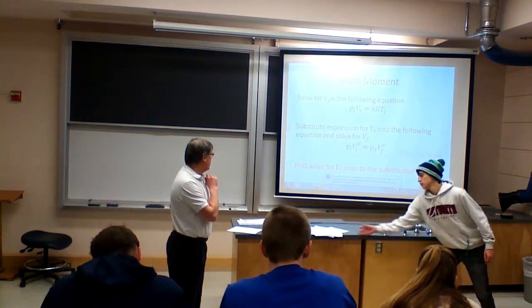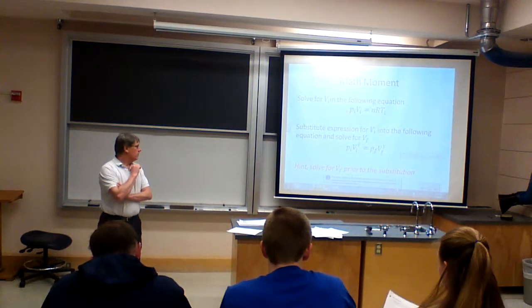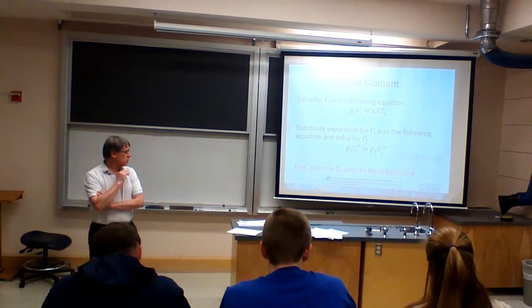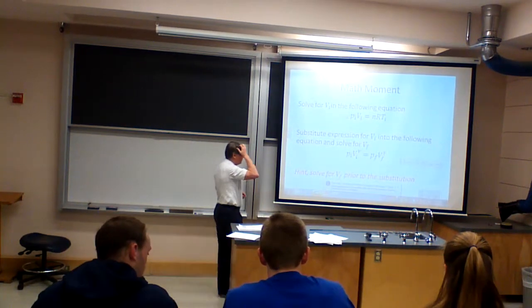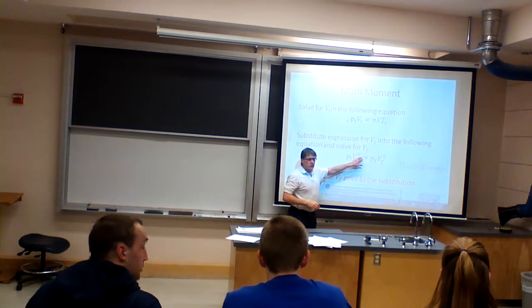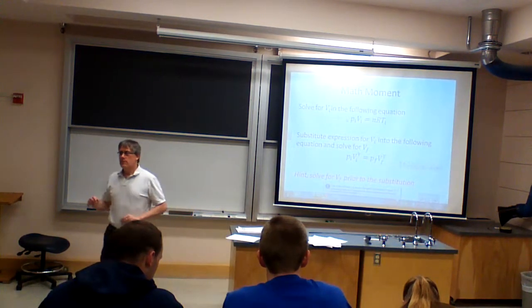And we know that there's a relationship between P initial, P final, and V final. That's this weird relationship down here. How can we solve for V final if we know P initial?